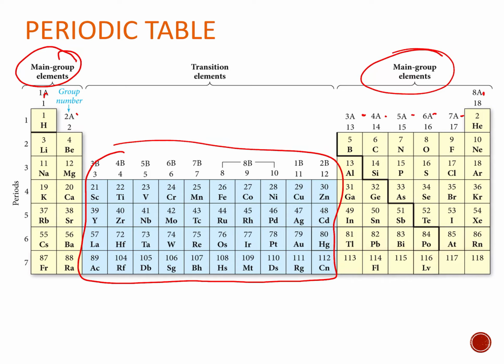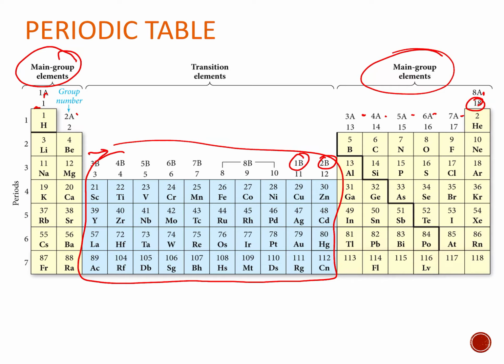If we were going to number all of them, then it goes 1 through 18, straight across. So the main group elements are the A series, and the ones in the middle, those transition elements, are the B series. They don't go in order though. This is 1B, 2B, and then it starts over here.